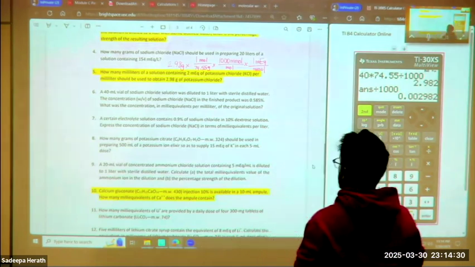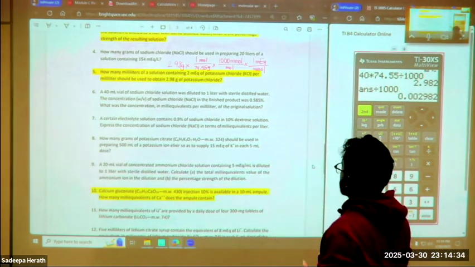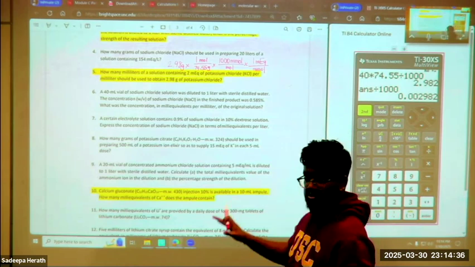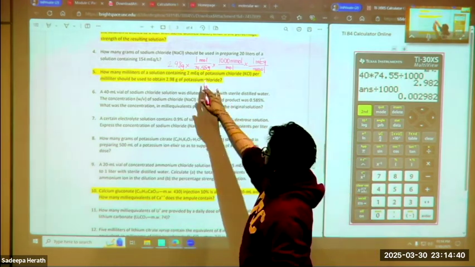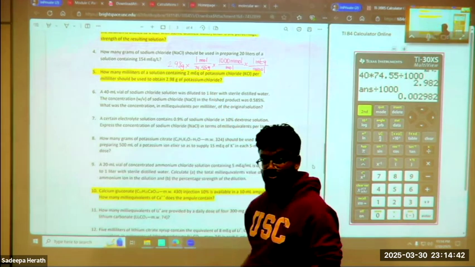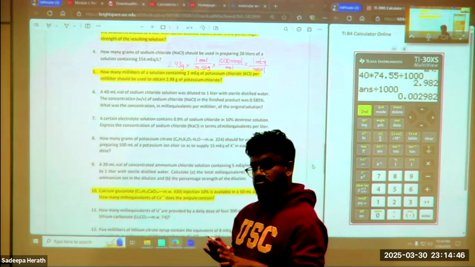Okay, so now we're at milliequivalents. We can just stop right there, get our answer, and then use 2 MEQ per milliliter to get milliliters, right? But we can also do that in one step.